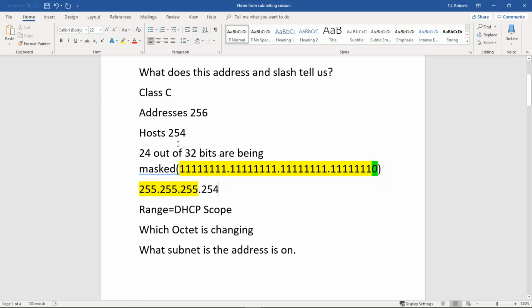Same thing here. All these bits are turned on, you get 255. All these bits are turned on, you get 255. All these bits except for this last one are turned on because you can't have this. This is a broadcast address. It's not a valid IPv4 address. It's not a valid host address. So you can't have it.